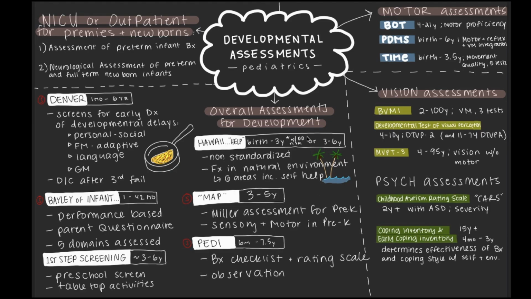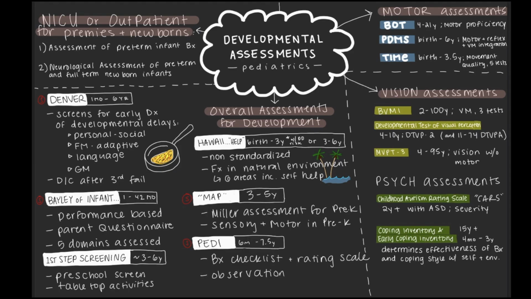Jumping up to the top right hand corner, we have our motor assessments, which are most famously the BOT and the Peabody or the PDMS. So the BOT is good for 4 to 21-year-olds, and it assesses motor proficiency, while the Peabody or the PDMS is good for patients ranging from birth to 6 years old.